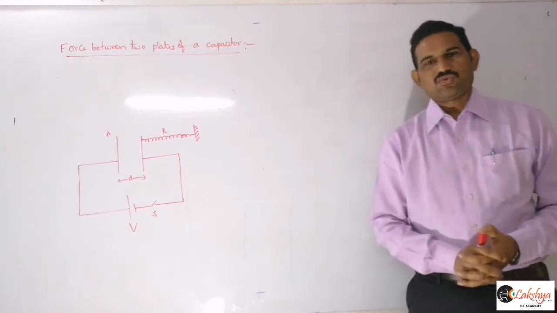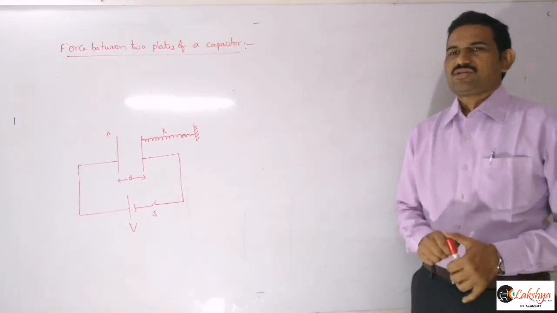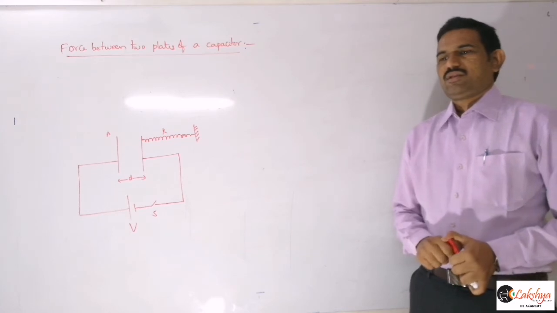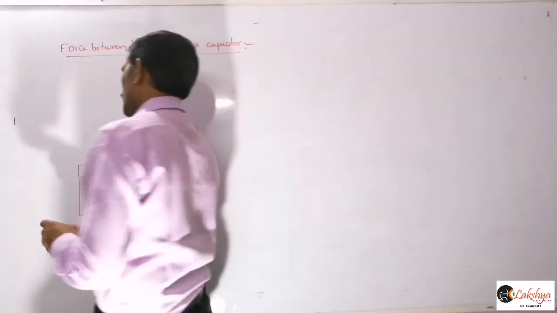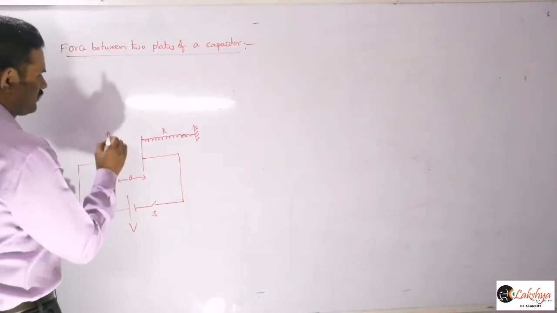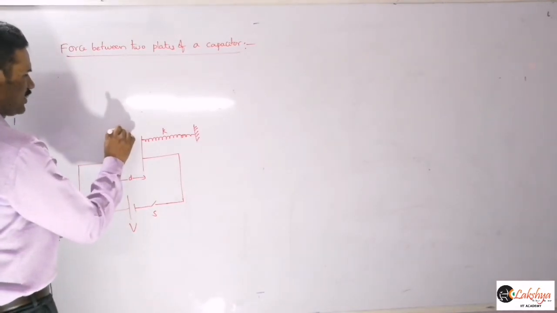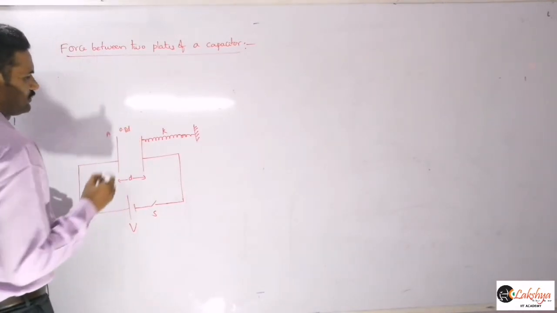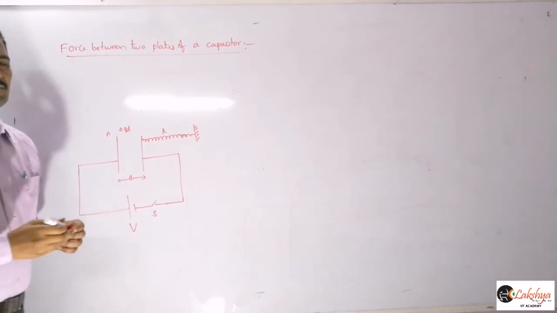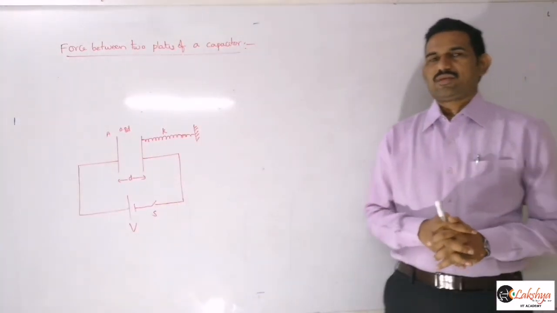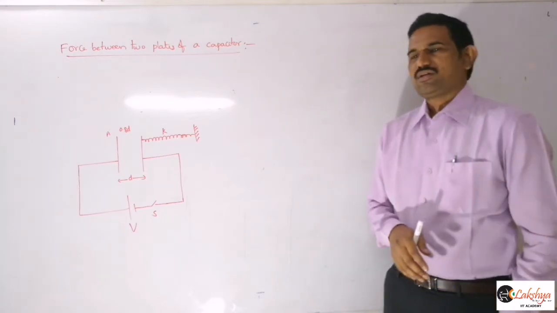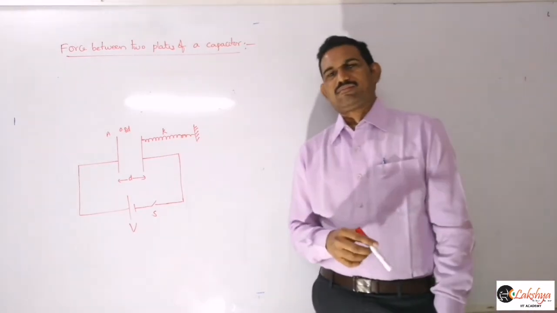When the switch is closed, the separation between the plates becomes 0.8 D. Then find the expression for the spring constant.